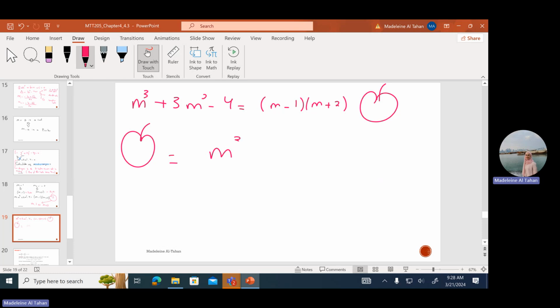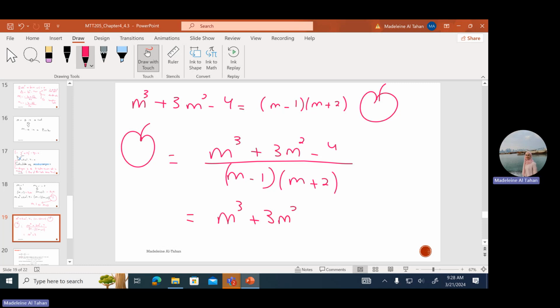It's equal to m cubed plus 3m squared minus 4 over m minus 1 times m plus 2. Right, miss? This one now is equal to what? m cubed plus 3m squared minus 4 over, we can expand, right? How do we expand, miss? m squared plus 2m minus m is plus m minus 2.